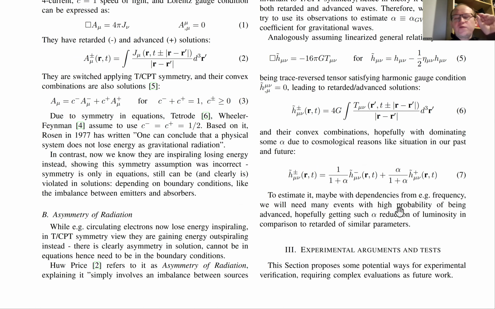For example, if you are certain that it should have an electromagnetic counterpart, but we are also certain that it doesn't have this counterpart. Yeah, so in this case, I think the only option is that it was an advanced event. So having these advanced and retarded events, we could check the luminosity, and by dividing them, hopefully we should be able to estimate this alpha. Yeah, so there are some ways.